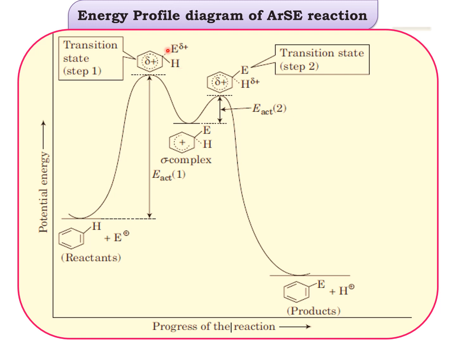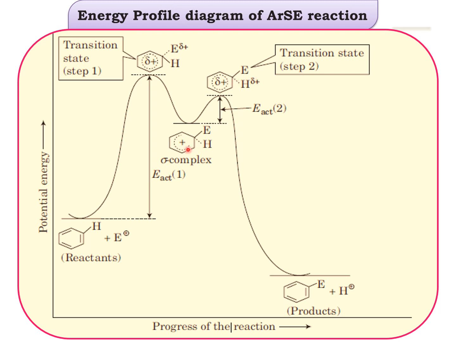Here the bond is partially formed. Here we can see that the hydrogen is getting ready to be removed from the arenium ion. And then after the formation of sigma complex, this hydrogen gets a partially positive charge.